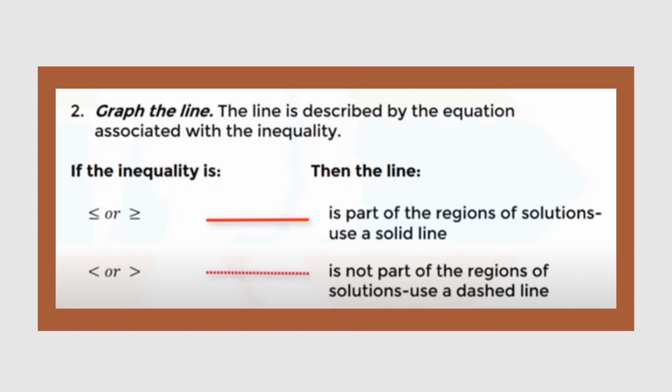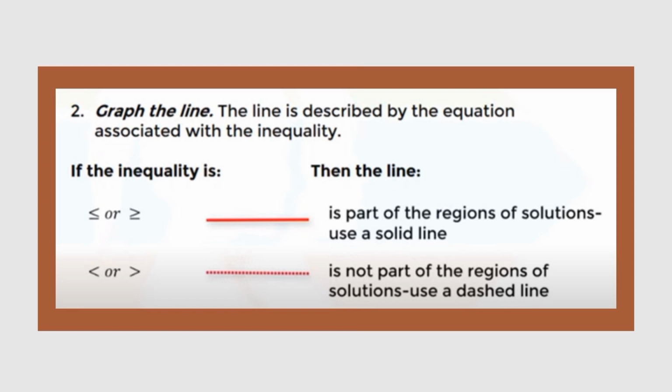An inequality can be presented graphically as a region on one side of a line. Inequalities that use less than or equal to, or greater than or equal to symbols are plotted with a solid line. Why? This is to show that the line is included in the region.